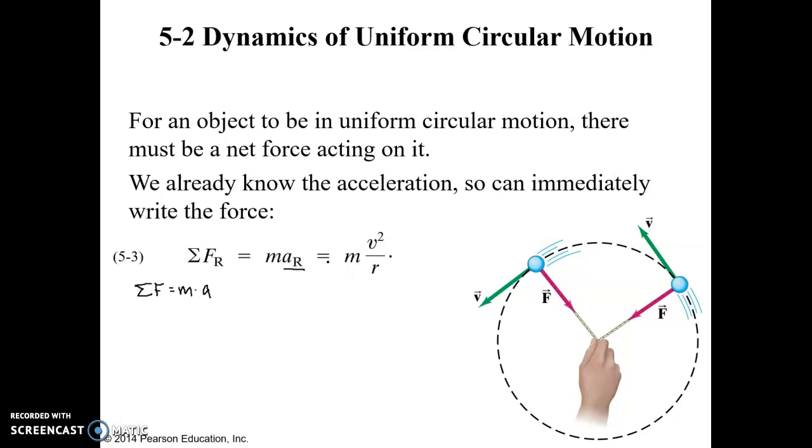But a sub r, the centripetal acceleration, is just v squared over r. So another way of writing Newton's second law of motion for circular motion is that the sum of forces equals m v squared over r. We're going to want to keep that equation handy because that's going to be useful in some of the problems we do this chapter.